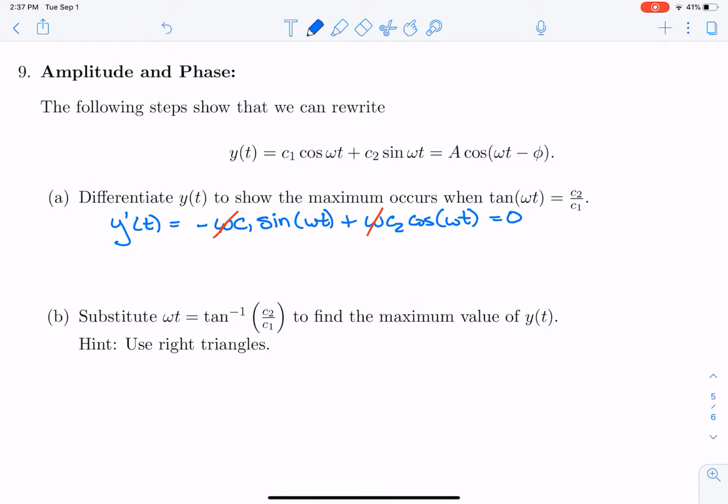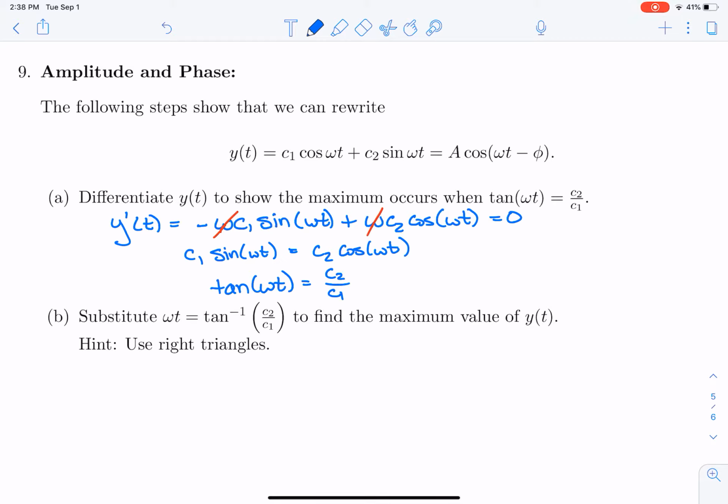Okay, and then we can write this as sine of omega t times C1 is equal to C2 times cosine of omega t. In other words, we can say that the tangent of omega t is equal to C2 over C1.